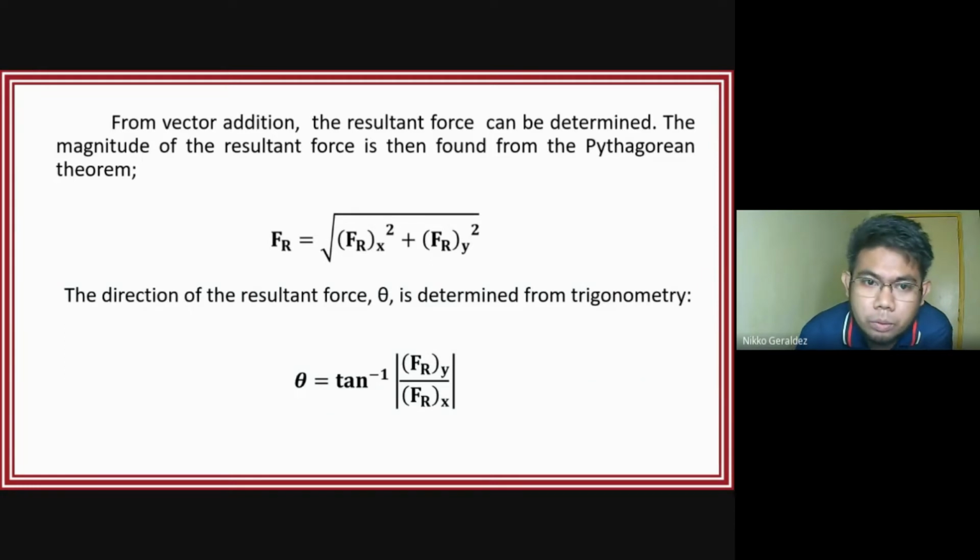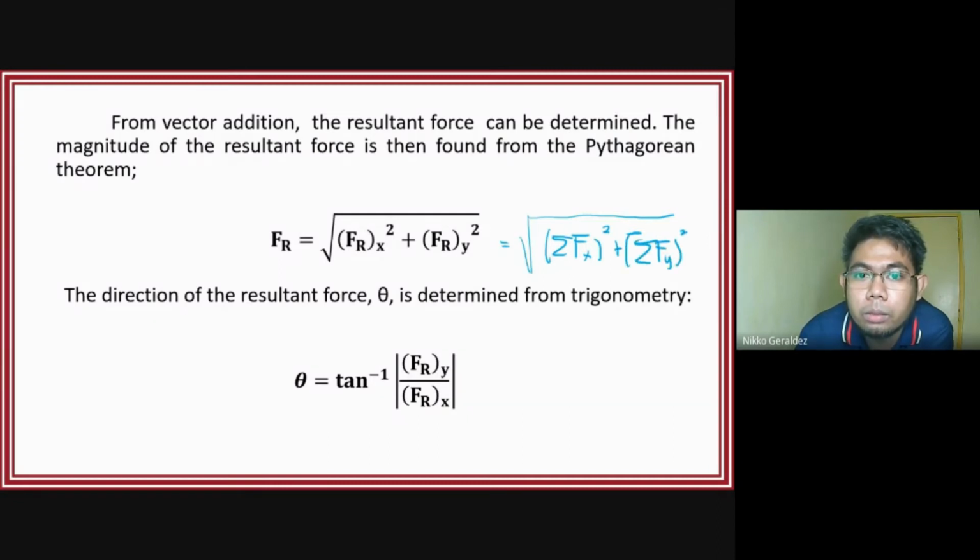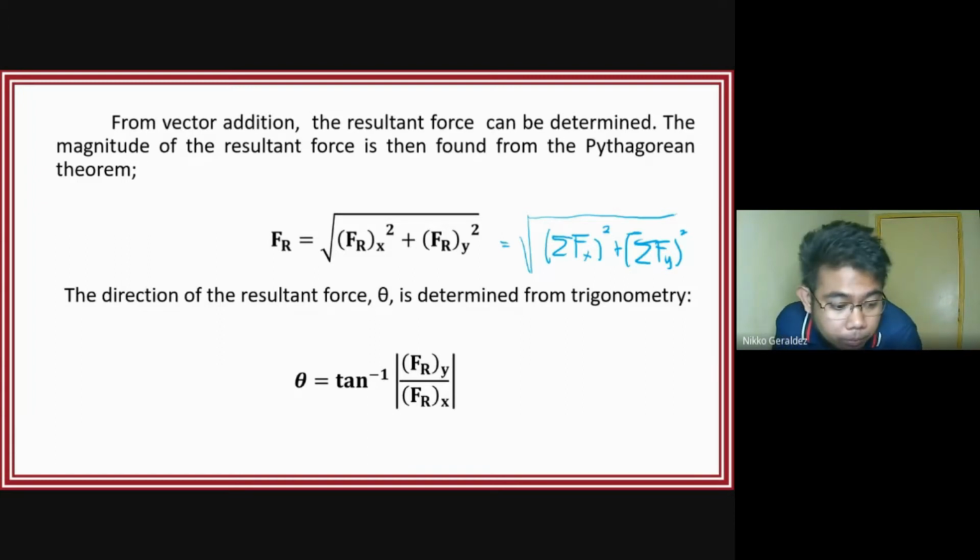Mas sanay tayo sa square root of summation of forces along x squared plus summation of forces along y squared. Di ba sa physics, ganyan yung notation natin. Ito na lang din yung gagamitin natin. Yun yung paano makompute yung resultant force.